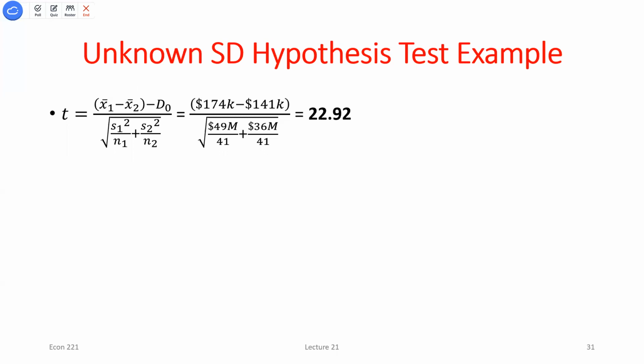In fact, we may already have tons of old evidence that this difference is not 0. So what might be more interesting? Well, is that gap different than 20,000? Is the gap between male and female starting salaries more than $20,000, or different than $20,000? Well, then things change a little bit, because I now no longer am subtracting 0. I've got to subtract the assumed true difference of 20,000.